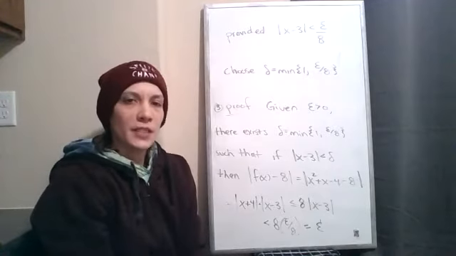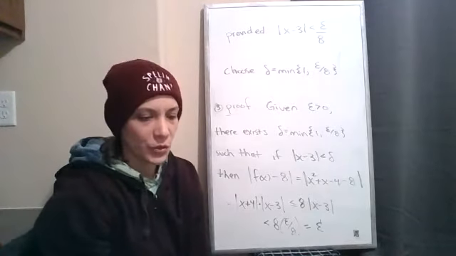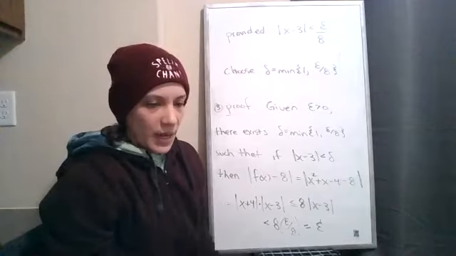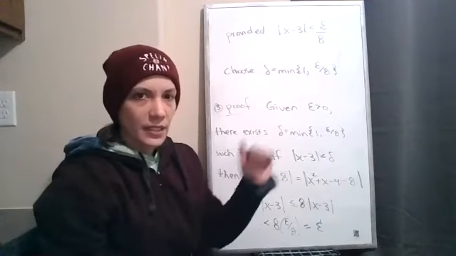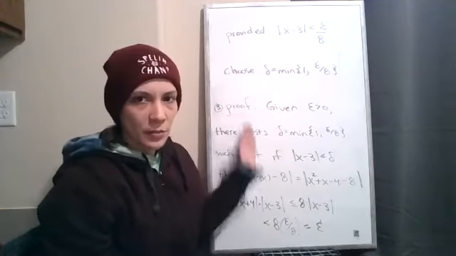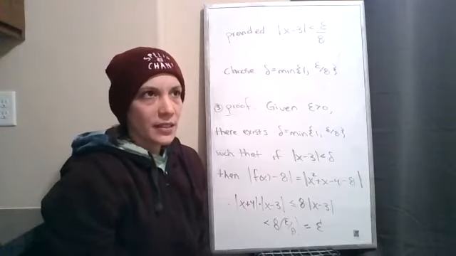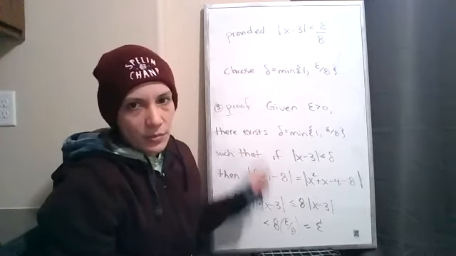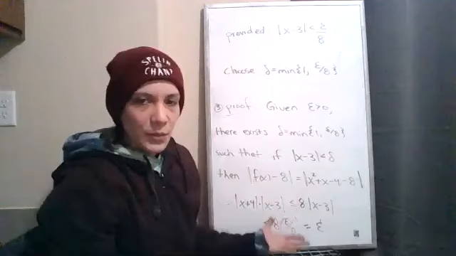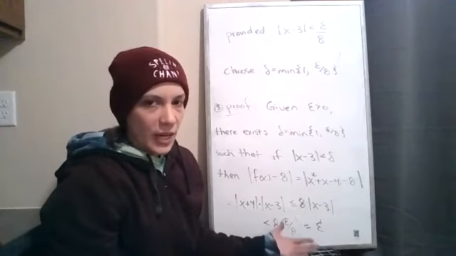So these proofs would be something you do if you took math classes past 100. There's a 108, which is an introduction to proofs. And then if you took math 130, you would do this most of the time. I just wanted to show it to you and give you some practice with it.